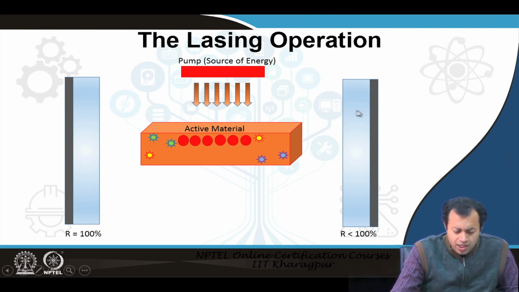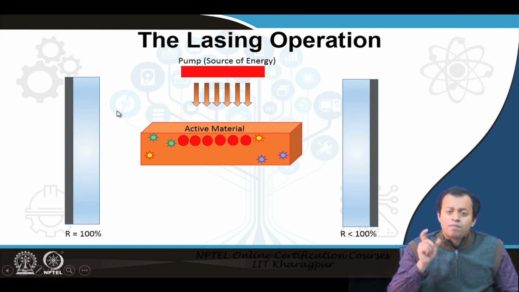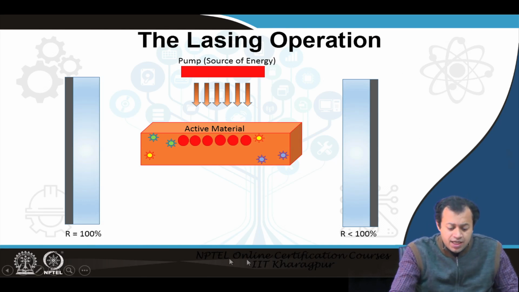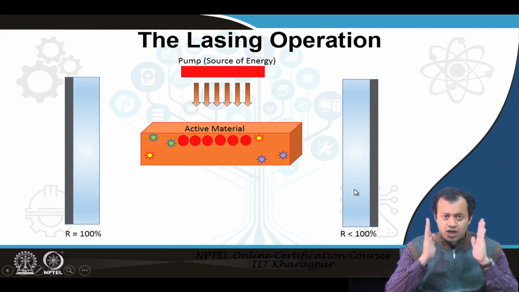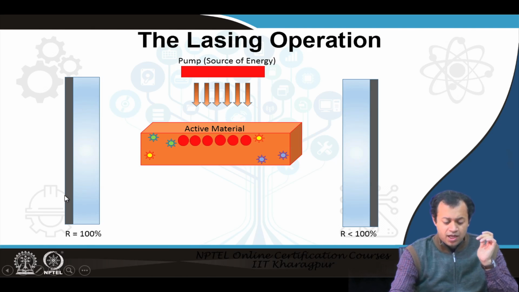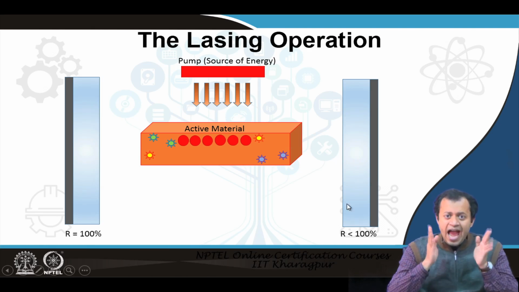Now, these two mirrors act as an optical cavity or optical resonator, or in a sense an optical filter, that will allow only one type of photon to survive inside the cavity. Due to constructive and destructive interference, we will talk a little bit about optical resonators at the end. They act as a filter.